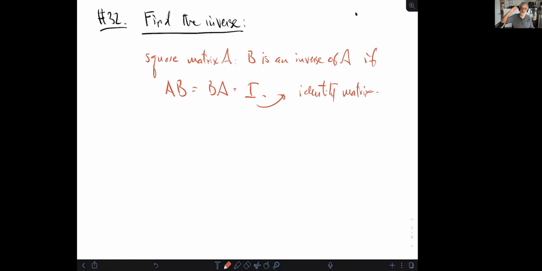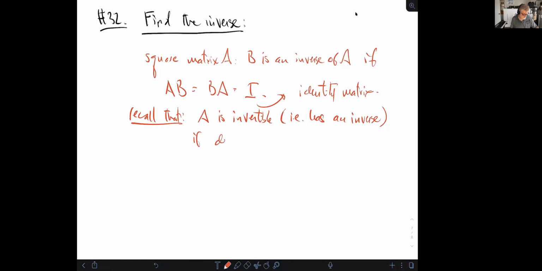So we saw a criterion to determine which matrices are invertible: A is invertible, has an inverse, if and only if its determinant is not 0.